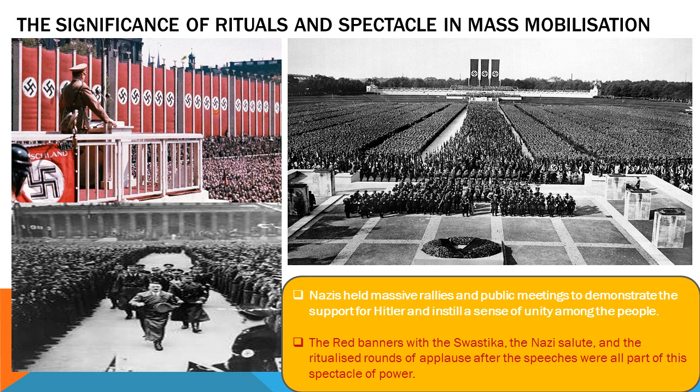The red banners with swastika, the Nazi salute, and the ritual rounds of applause after the speeches were all part of this spectacle of power. Hitler was seen as a messiah, a savior, as someone who had arrived to deliver people from their distress.